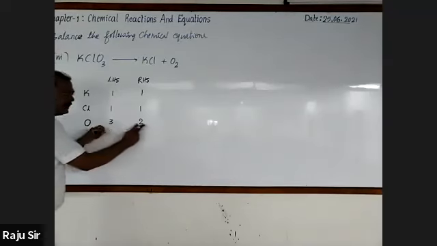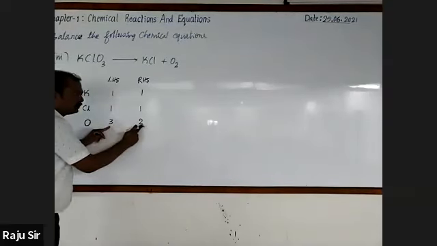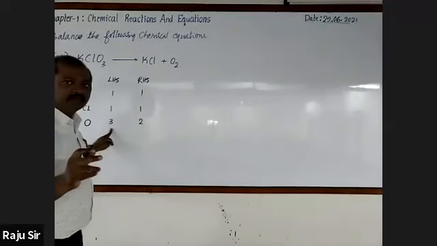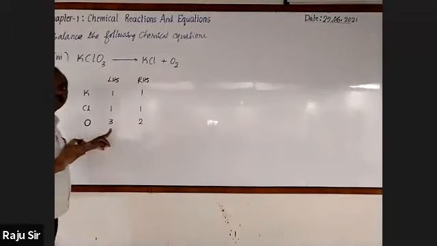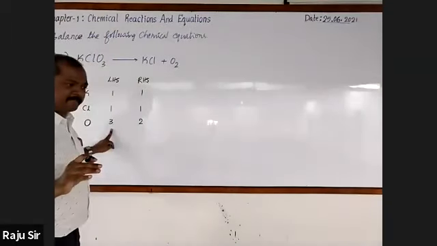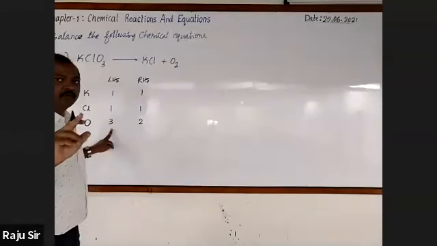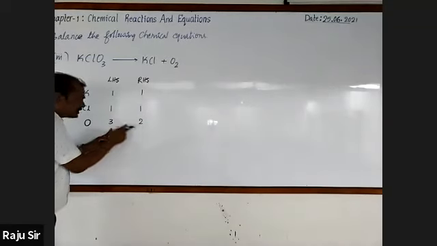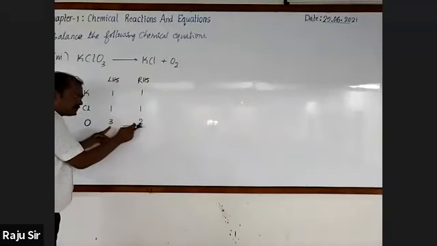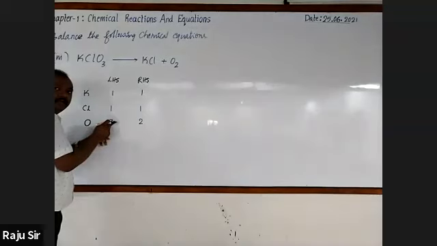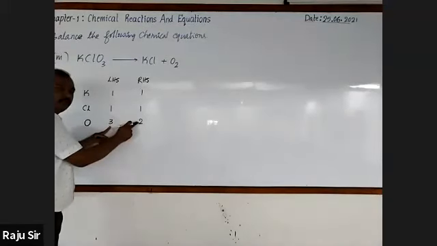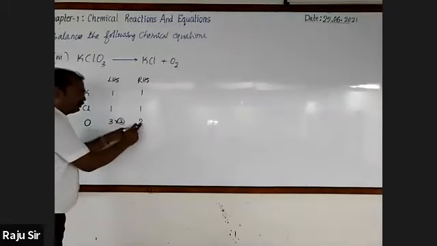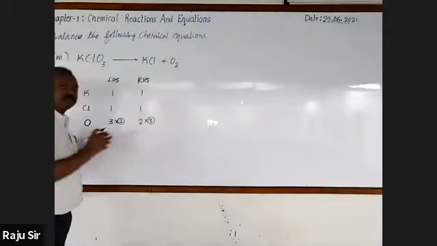Now it should be balanced. Here 3 is there, here 2 is there. How will you equalize? By multiplying 2 with 3 and 3 with 2: 3 multiplied by 2 becomes 6, and 2 multiplied by 3 becomes 6.